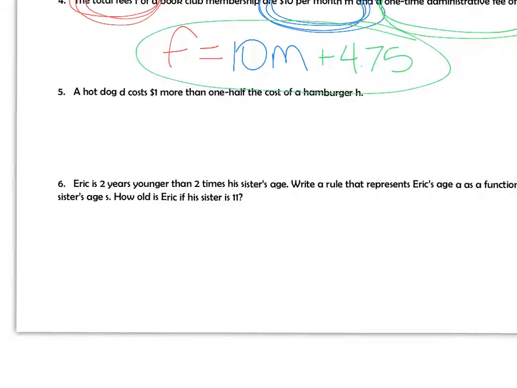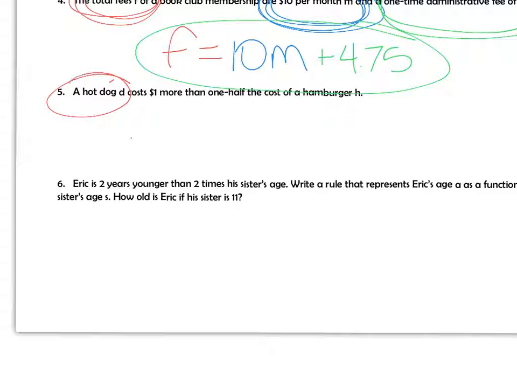Okay, let's try this one. Number 5. This one says a hot dog D costs $1 more than 1/2 the cost of a hamburger H. This one we can kind of translate directly. So first we start with a hot dog D, which costs, is going to be the same thing as equals. Sorry, same thing as "is."